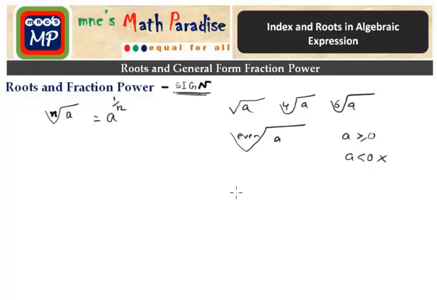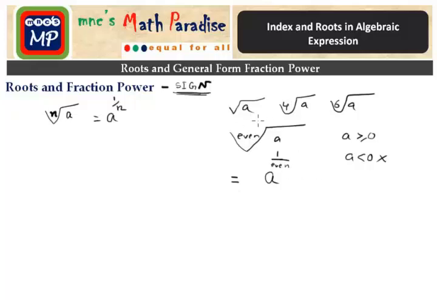Similarly, we know that any root is equivalent to fraction power 1 by n. So any even root, we can write as 1 divided by that even number. They are equivalent. So square root means 1 by 2, fourth root means 1 by 4, sixth root means 1 by 6, and so on.